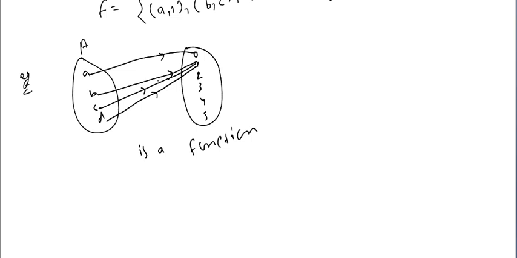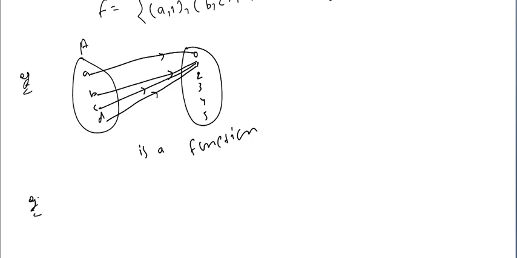If you are thinking that a, b, c, d are associated with the same element 1, this can be associated. But one element of set A cannot be associated with 2 or 3 elements of set B, while 2 or 3 elements of set A can be associated with a single element of set B. This is the definition of function. If a single element of set A is associated with 2 or 3 elements of set B, this violates the condition for the relation to be a function. So this is a function.